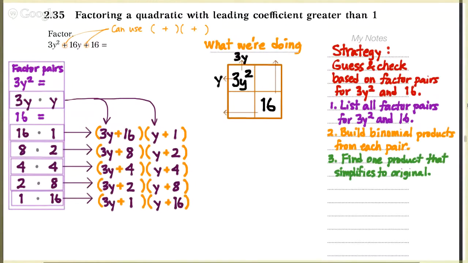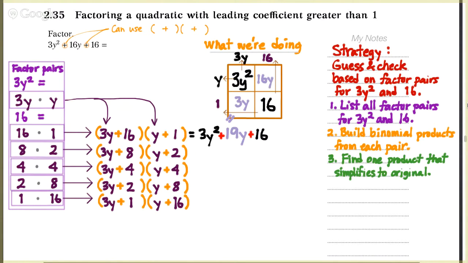And how we factor that 16 is also going to determine what gets multiplied by the 3y and the y to fill out those 2 boxes in the diagonal of this chart. For example, if I use the 3y plus 16 times y plus 1 factorization, then those cross terms are going to be 16 times y and 3y times 1. If we combine those like terms together, we're going to get a total of 19y as our middle term.